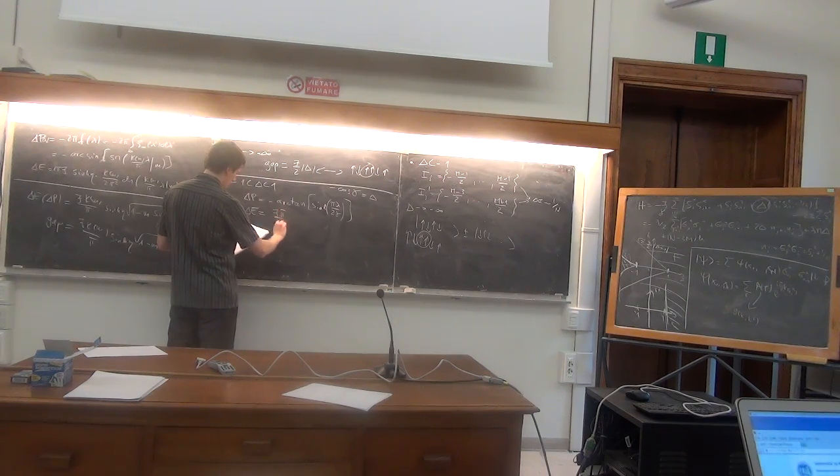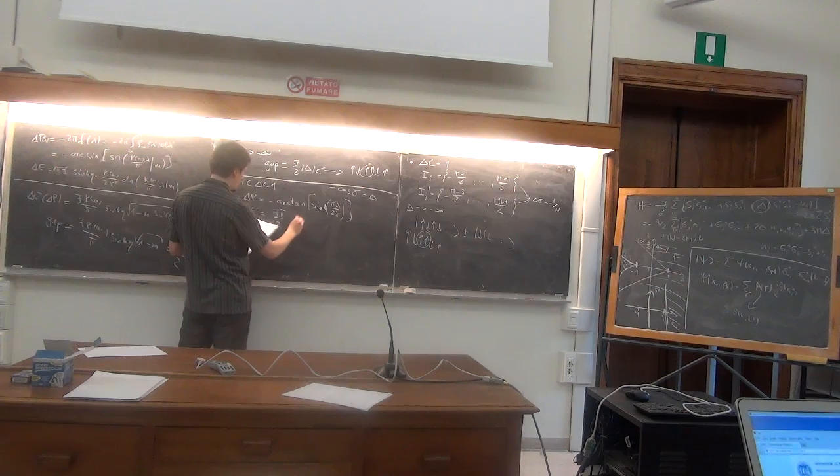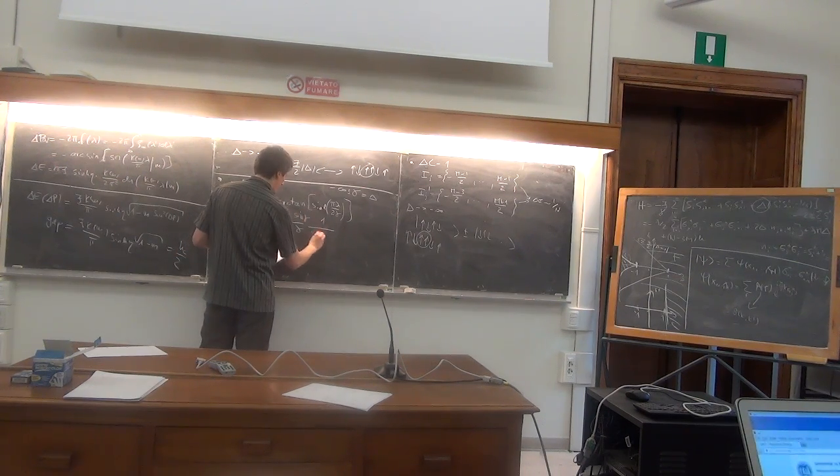So the energy is J pi over 2 sine gamma over gamma, 1 over cos of something over 2 gamma.